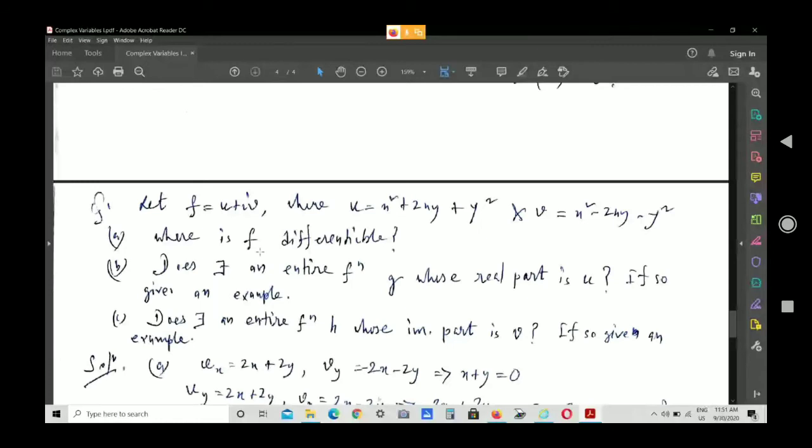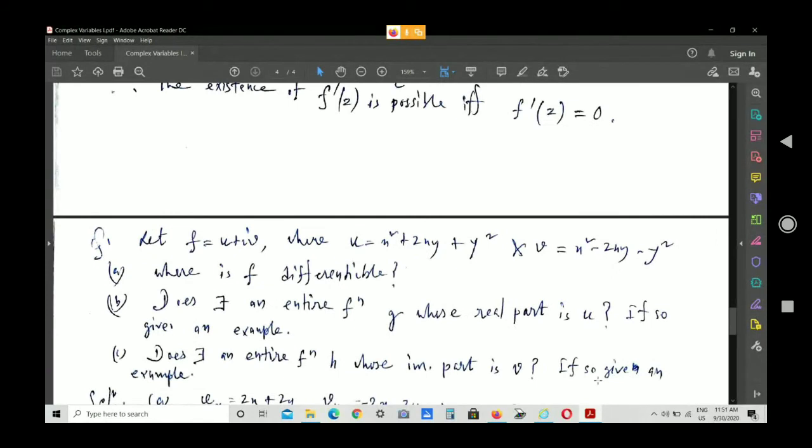First, let us see the first question. Where is f differentiable? Can you find it? A function is given to you, f equal to u plus iv, so u is given, v is given, meaning real and imaginary parts are given. Can you tell at which points this function is differentiable? To determine differentiability, we have the Cauchy-Riemann equations. If it is differentiable, the Cauchy-Riemann equations must be satisfied.